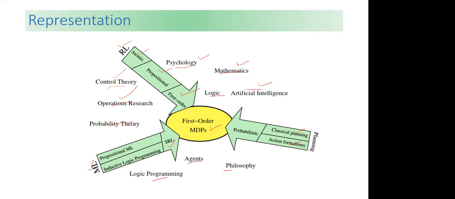This is a block diagram of first-order MDP, showing how RL interacts with it, how ML interacts with it, and how planning goes ahead. Among these three, we can call them pillars or verticals, different domains come in.